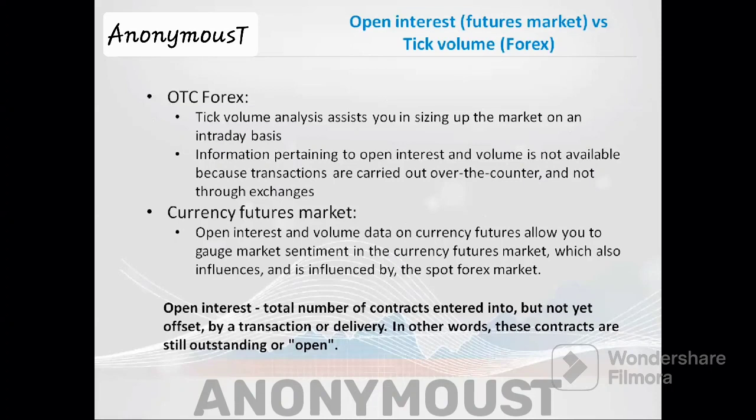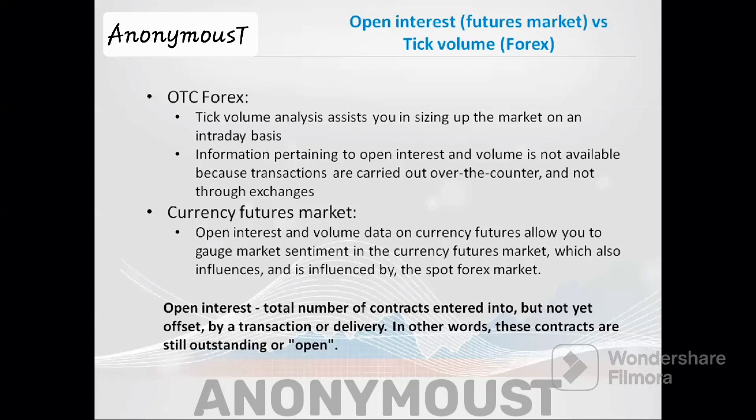Like if you talk about the future of Walmart, the underlying asset will be the stock of the Walmart company. For any company whose future you can trade, the underlying asset would always be its spot, which is the stock. In the same way, for the currency futures market, the underlying asset would always be the spot currency market, because only with the spot currency market is the futures market affected.